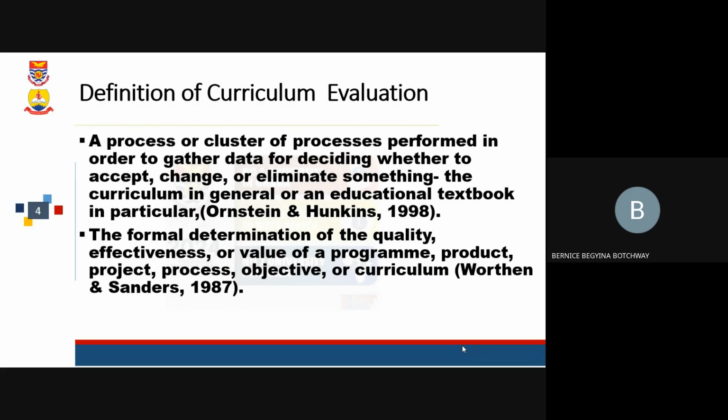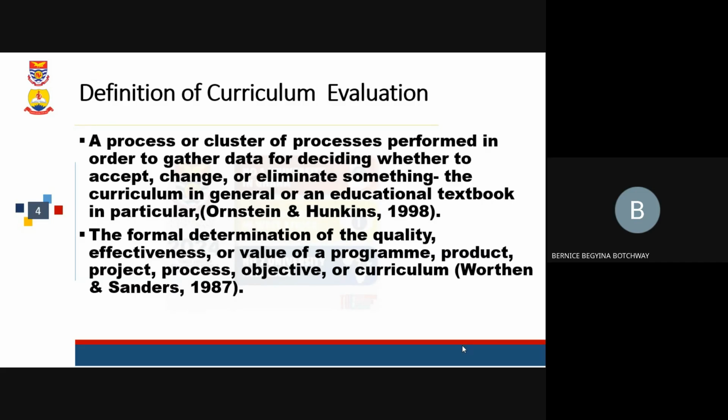Okay. So from your understanding of evaluation, let's link it to our curriculum, what we are doing. So curriculum evaluation, in literal meaning, is evaluating the curriculum.